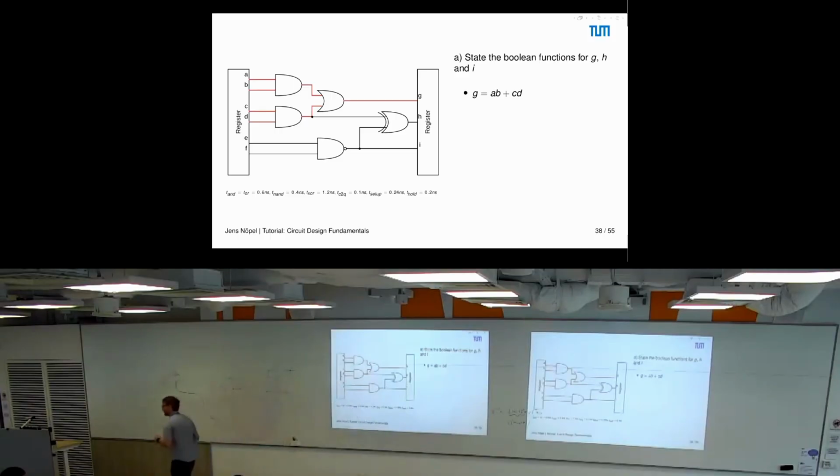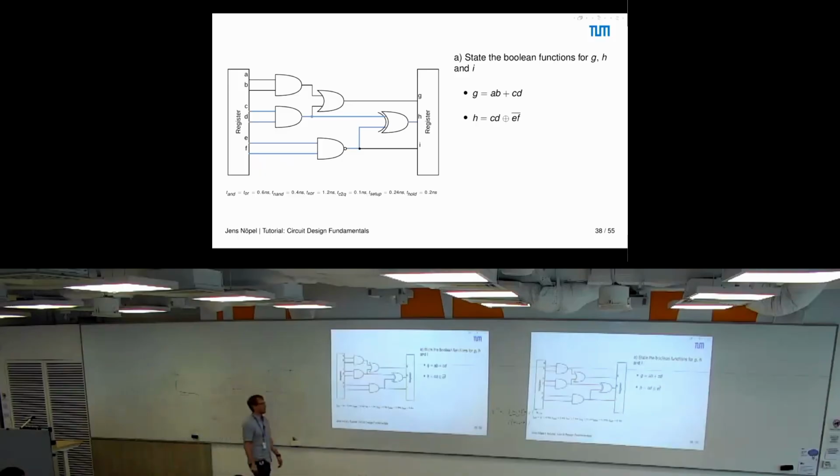All right. The next one is H. The same thing for H. Again, two ANDs for CD and EF, but now we don't have an OR for those two gates, but we have a XOR.